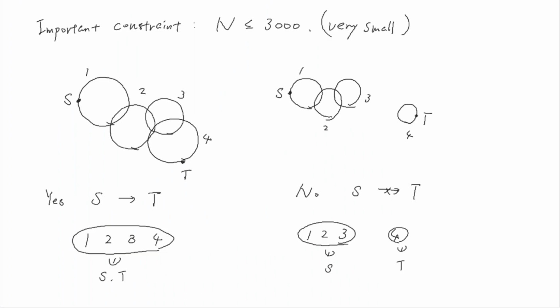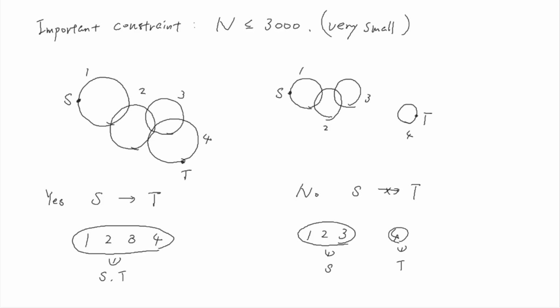And we have a very important constraint, that is n is at most 3000. That means n is very small. We use it later, but now let's think about the problem with a few examples.